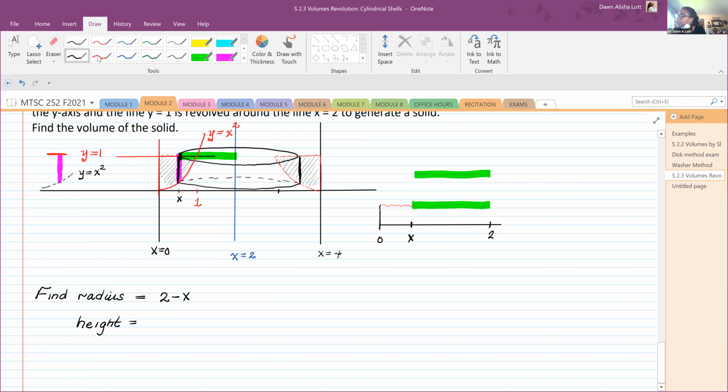If I take the whole piece, y equals 1, and then subtract the height that goes to x squared, it only leaves me that little piece, which is the height of the cylinder. Okay, I get it now.